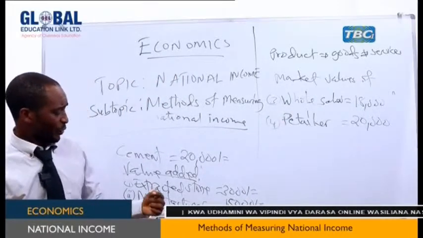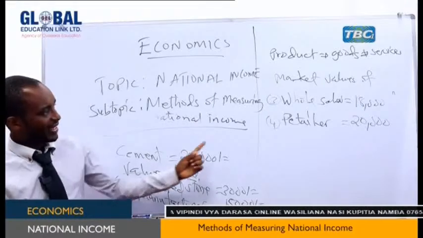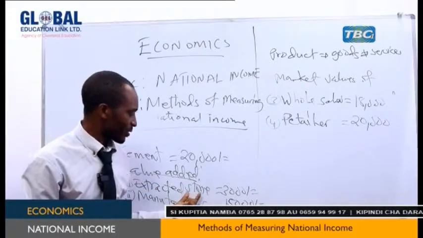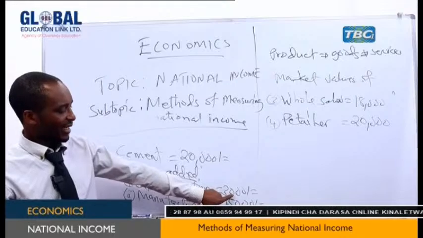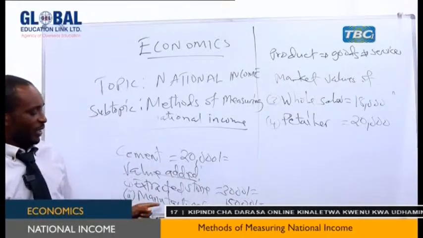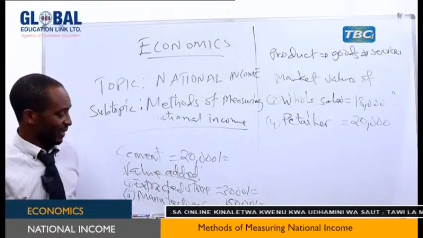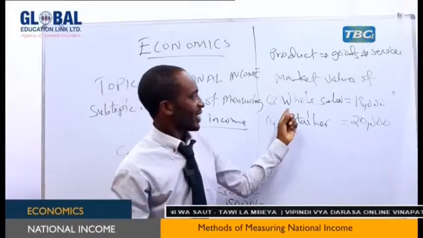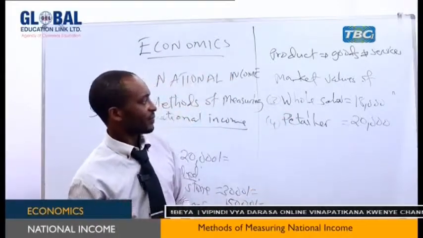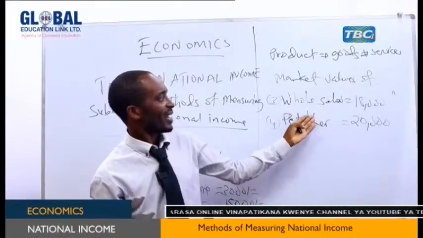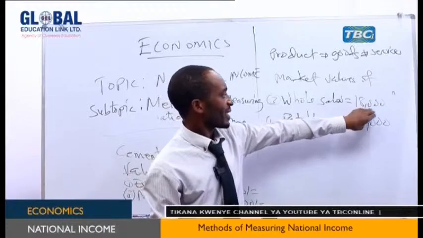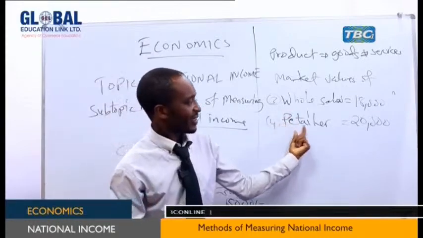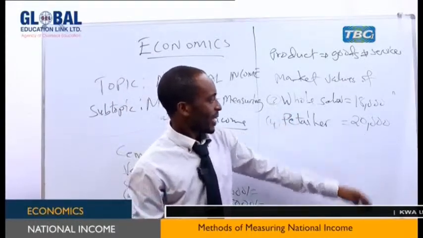Now, if you go and ask each person in the economy what is produced, person 1 will say he produced stones which were sold at 3,000. The manufacturer will say he produced cement and sold it at 15. The wholesaler will say he produced the cement and sold it at 18. And the retailer will say he collected the cement and sold it to the final user at 20,000.